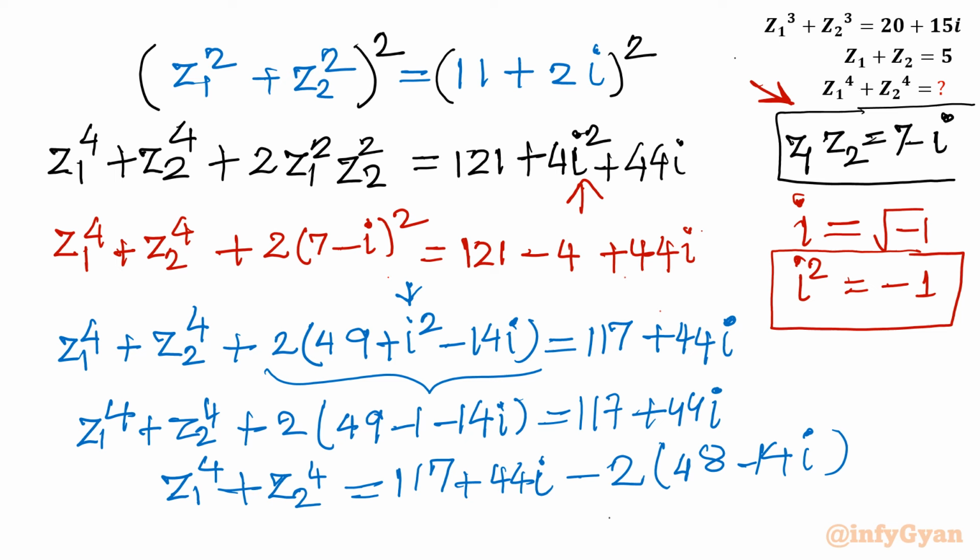Let's expand. So I will write 117 plus 44i, then it would be minus 96 plus 28i. Now 117 minus 96 is 21, and 44 plus 28 is 72.